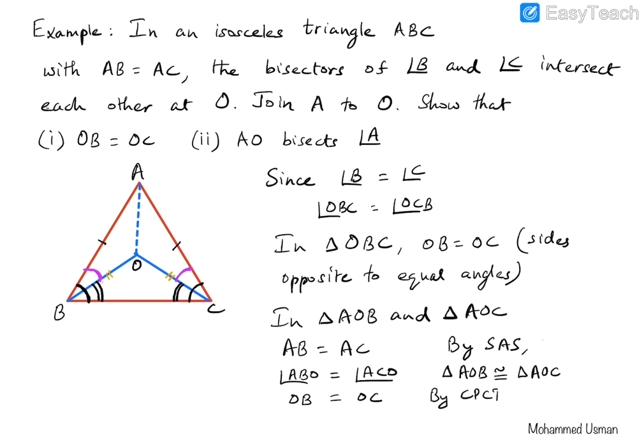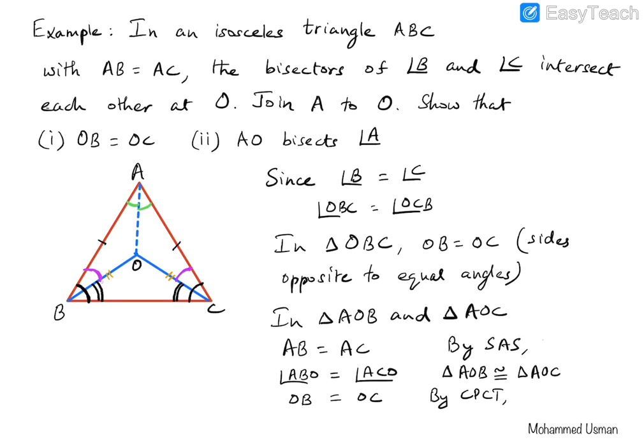Once we have that these two triangles are congruent, we can then apply CPCT, and we say by CPCT, the angle which is divided by the line AO, the angle to the left of the line AO and the angle to the right of the line AO, they both are equal. So this angle over here is equal to this angle over here.